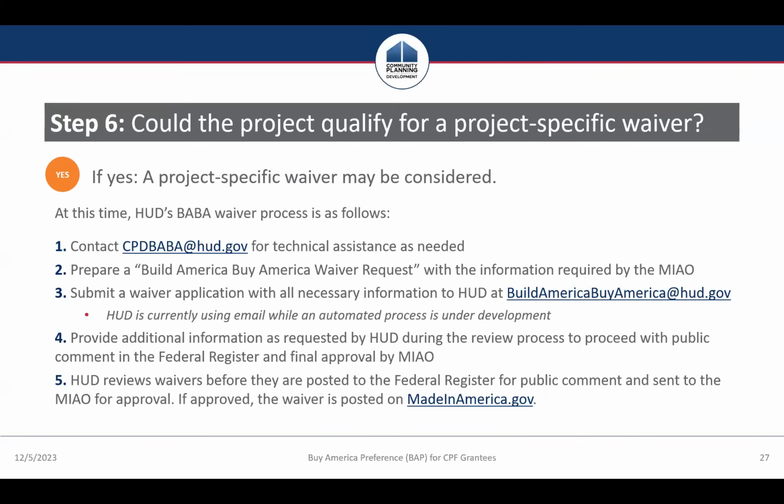You would submit your waiver application to HUD, provide any additional information as requested, and then you'd proceed with the public comment period on the Federal Register and final approval by OMB's Made in America office. All waivers would ultimately go from HUD to OMB for final approval. And then all approved waivers would be posted on the madeinamerica.gov website.